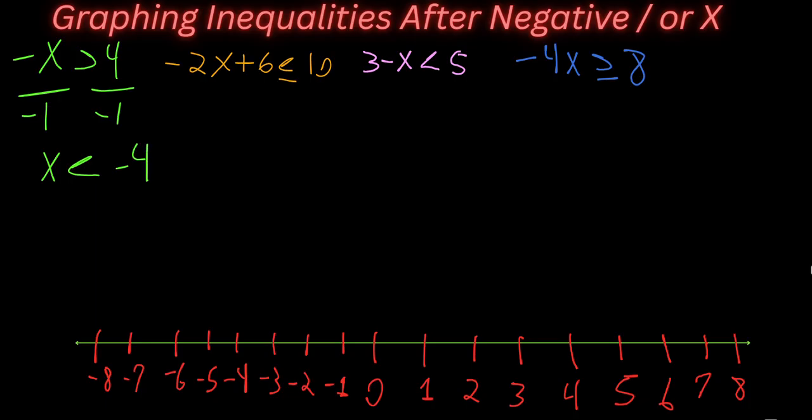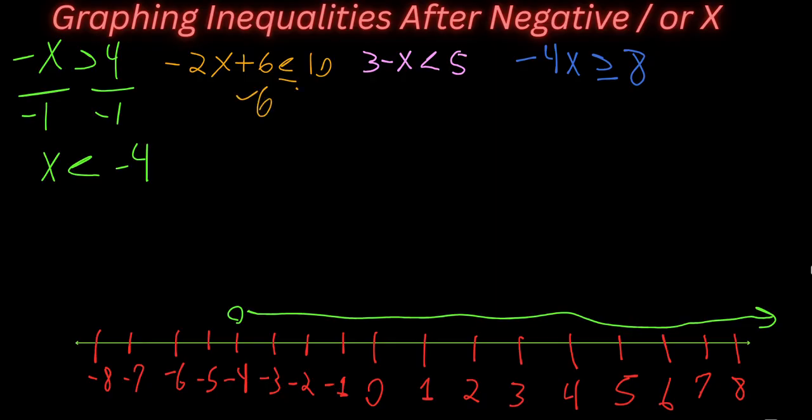X is less than -4. So x is less than, we do not shade the circle. A little bit off there. So, oh, okay, there we go. We drop a line, stretching on to infinity.